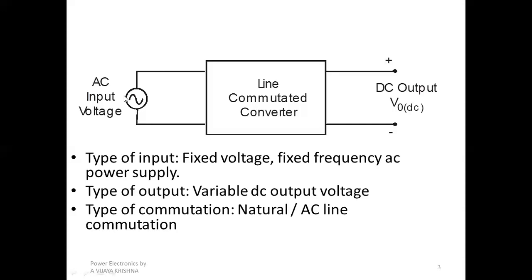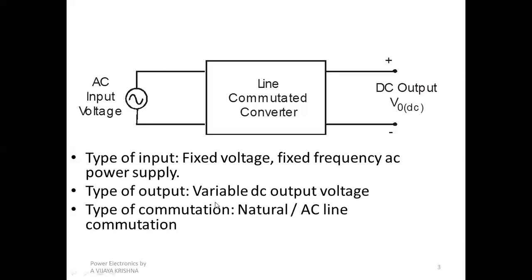Here, we have different applications. In industrial applications, they make use of controllable DC power, meaning the voltage can be controlled, that is, a variable voltage can be obtained.